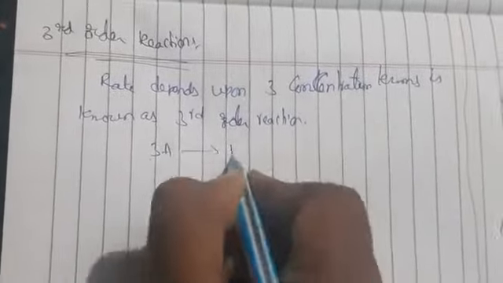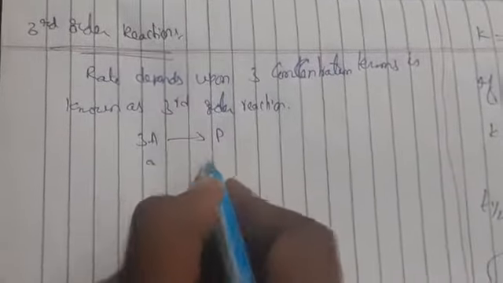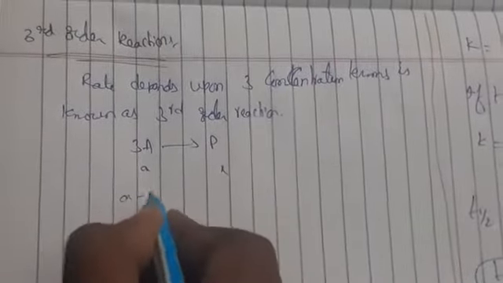Then we are going to take what here? For a third order reaction, 3A gives rise to products. At time t, the concentrations are A minus x.